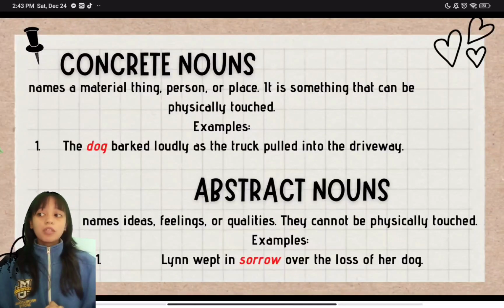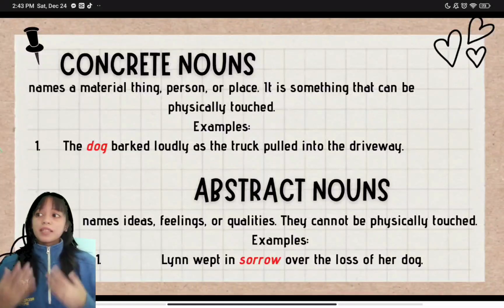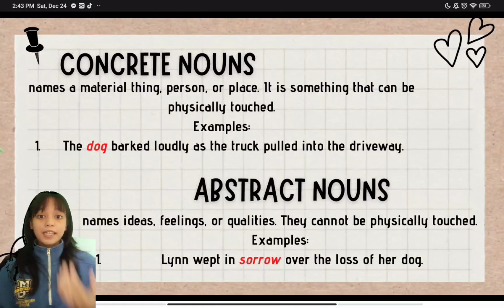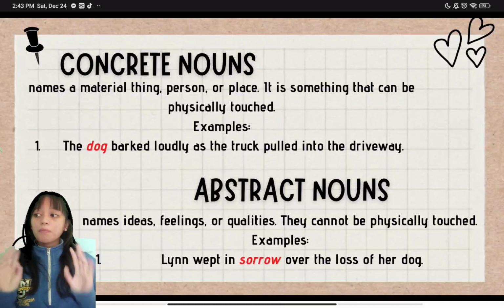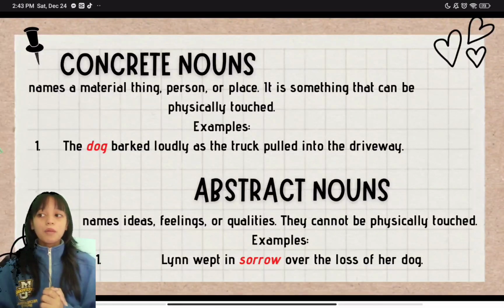Another type of noun is the concrete nouns and abstract nouns. Concrete nouns name a material thing, person or place. It is something that can be physically touched or physically seen or heard. So an example is, the dog barked loudly as the truck pulled into the driveway.